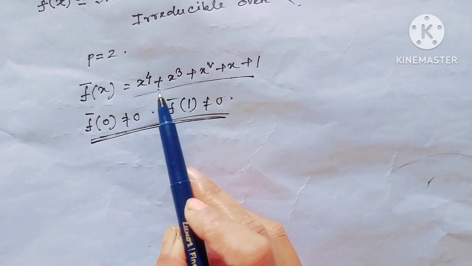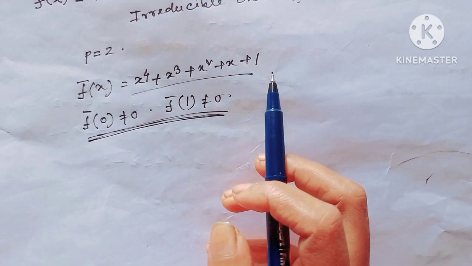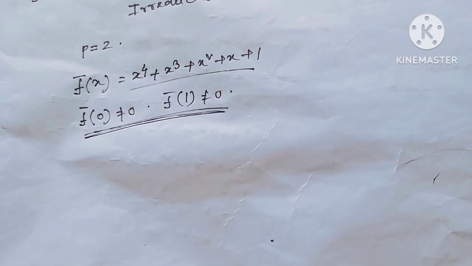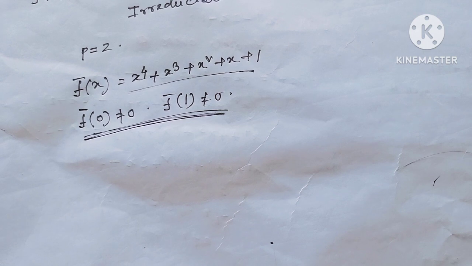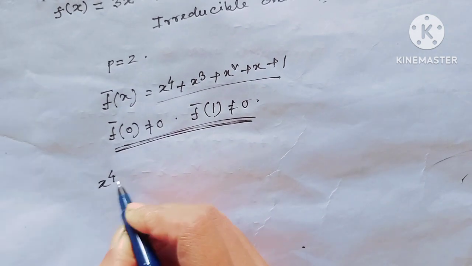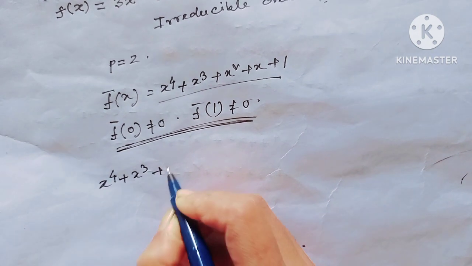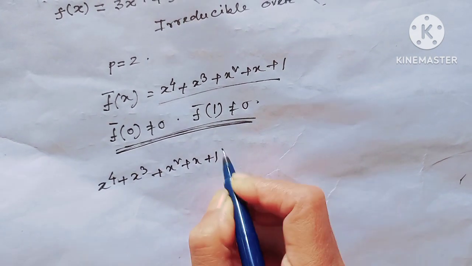Since the degree is greater than 3, we can write this polynomial as a product of two polynomials, such that x to the power 4 plus x cube plus x square plus x plus 1.